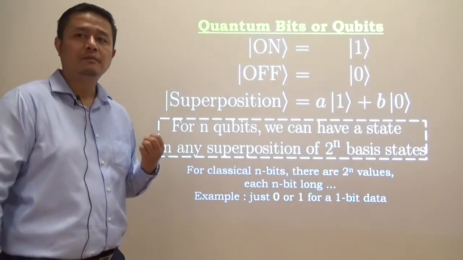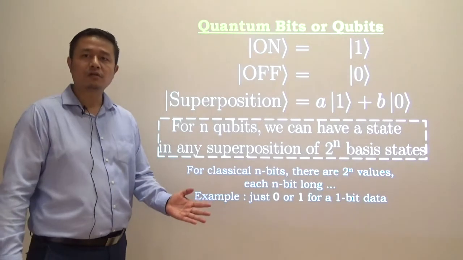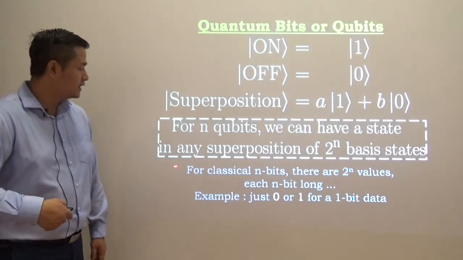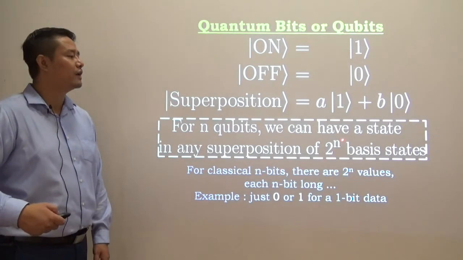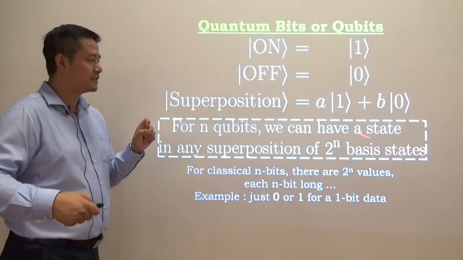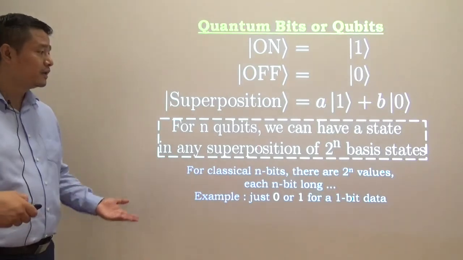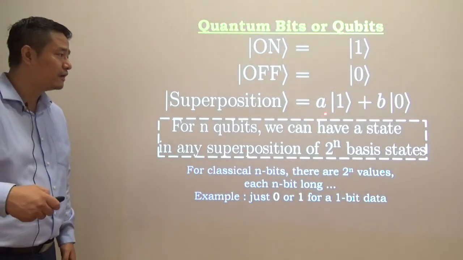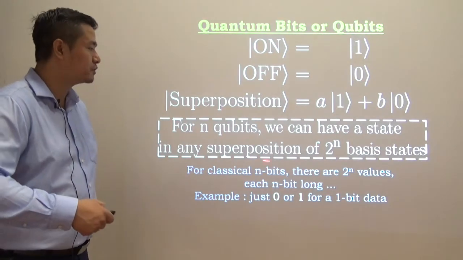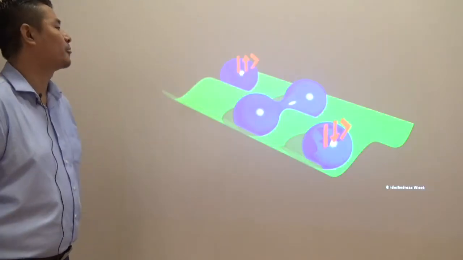That is the beauty, the speciality of quantum computation. So for n qubits, we can have a state in any superposition of 2 to the n basis states. For 1 bit, we have a superposition of 2 basis states, and then it adds up like that. In quantum computation, we can have this additional capability. That is the difference: a superposition of 2 to the n basis states.